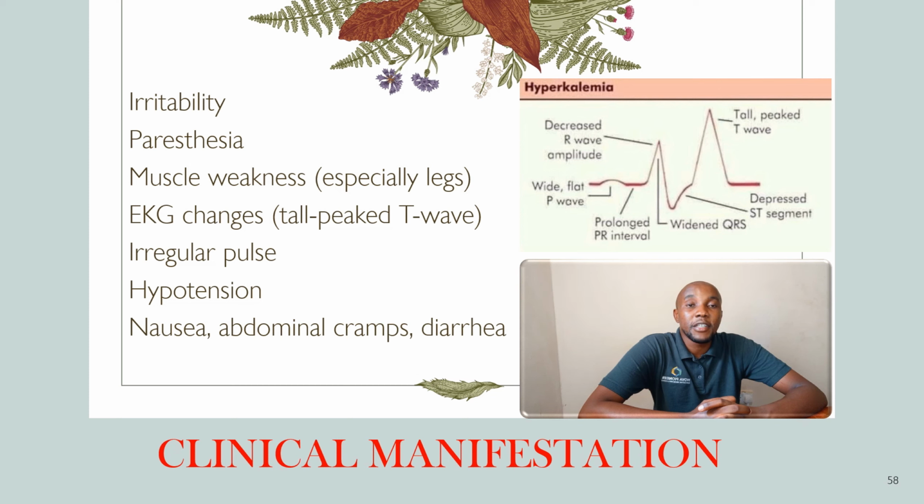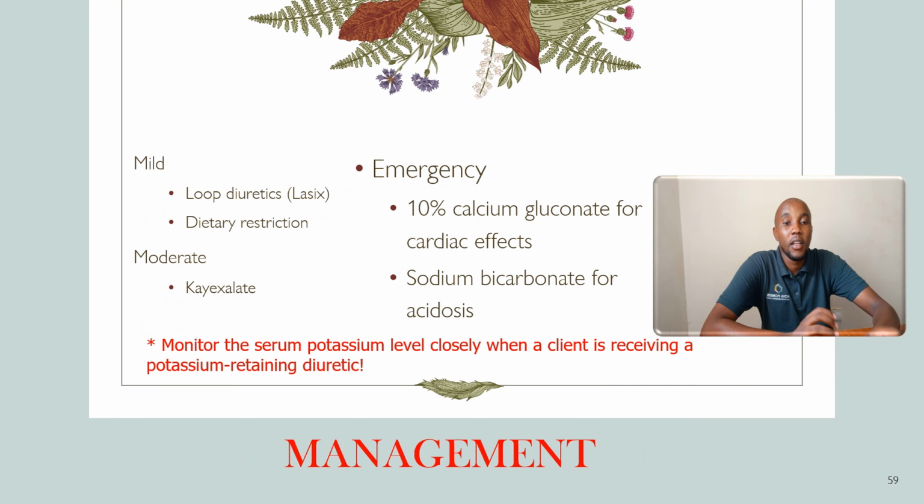Remember tall peaked T wave, that's the NCLEX buzzword for hyperkalemia. You can see from my EKG the tall peaked T wave. Remember that. These patients also present with irregular pulse. They also present with hypotension. They also present with gastrointestinal signs and symptoms such as nausea, abdominal cramps, and diarrhea.